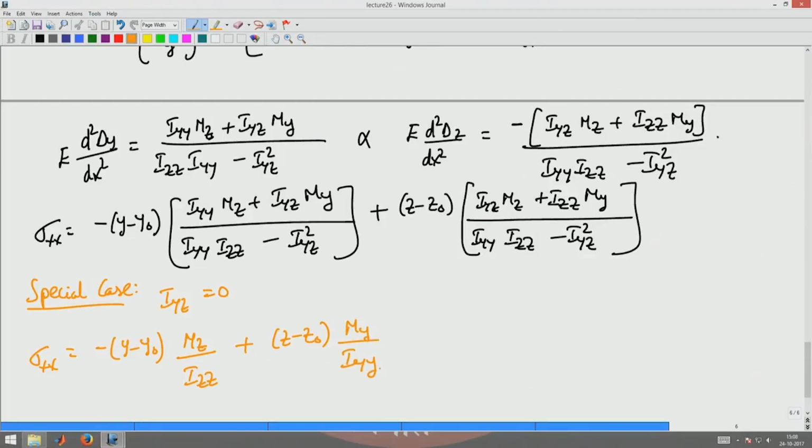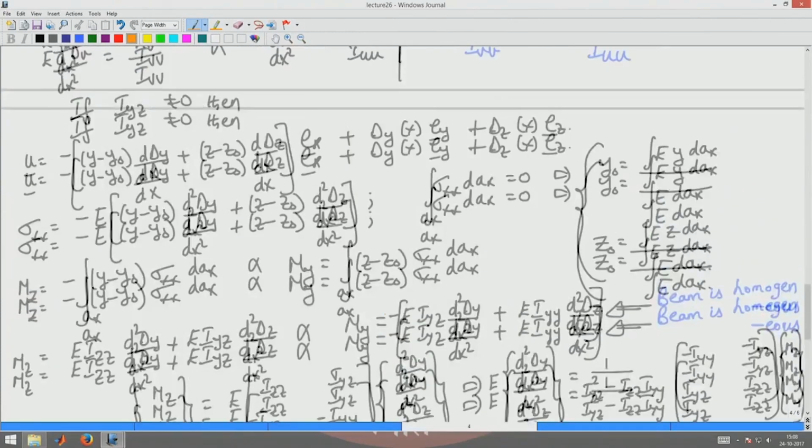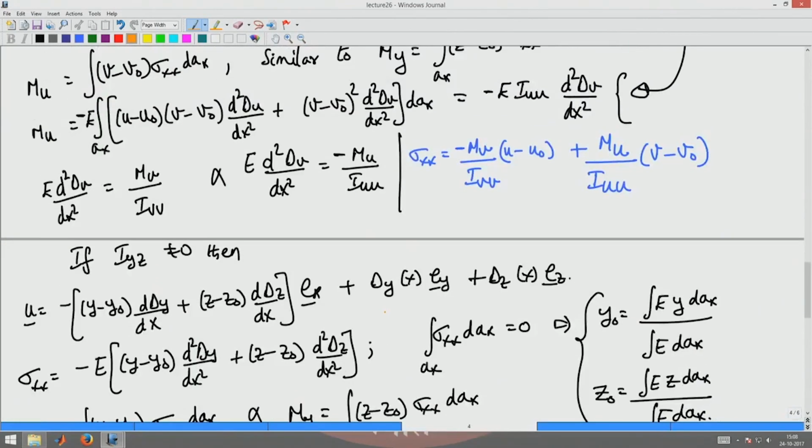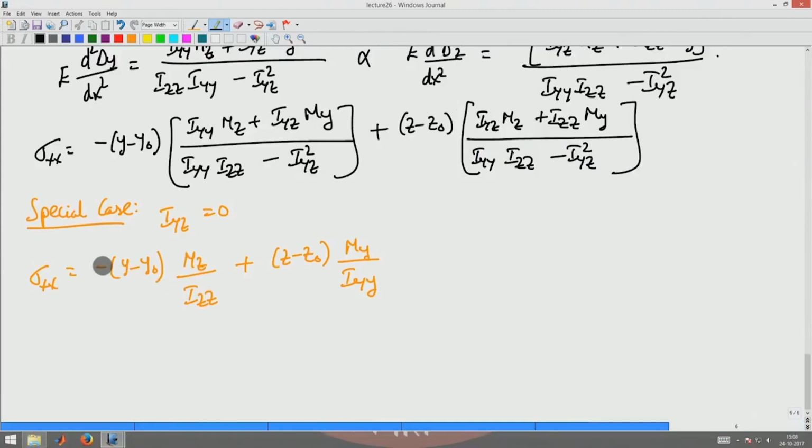This is the same expression that we got in here for sigma xx, except that u and v roles are changed to y and z now. U is y, v is z. So, this Mz by Izz has a negative sign, you can see that Mz by Izz has a negative sign in here. So, this is same as what we got there. So it is consistent now.